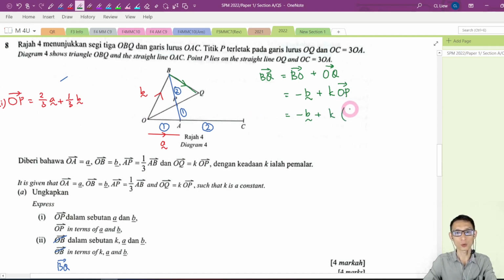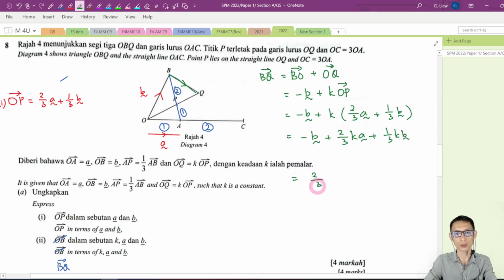So OP is equal to this, 2 over 3A plus 1 over 3B. Let me open up this parenthesis. Negative B plus 2 over 3 KA plus 1 over 3 KB. And then let me group this B and this B together.